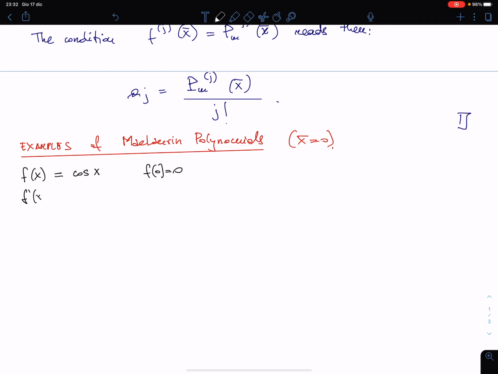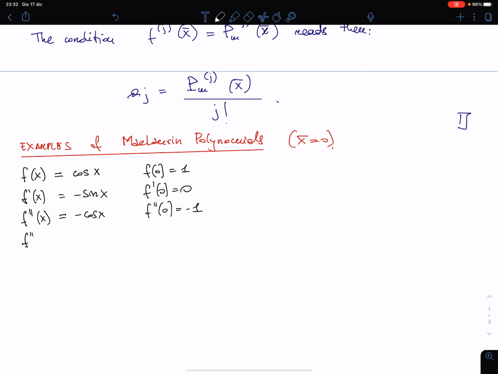F prime of x is minus sine of x, so f prime of 0 is equal to 0. F second of x is equal to minus cosine of x, so f second of 0 is equal to minus 1.